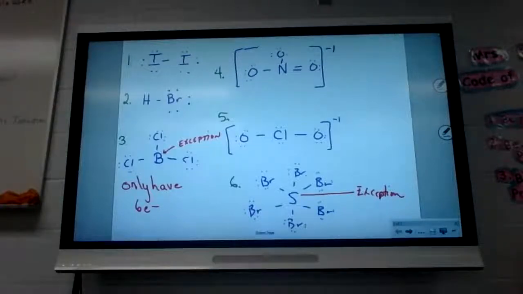So if there's no central atom, what does she tell us to do? Subtract the electronegativities and decide if it's polar or non-polar that way.